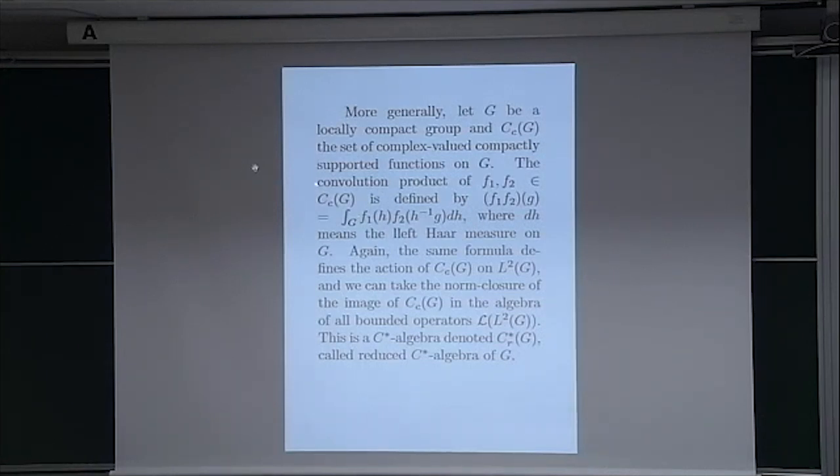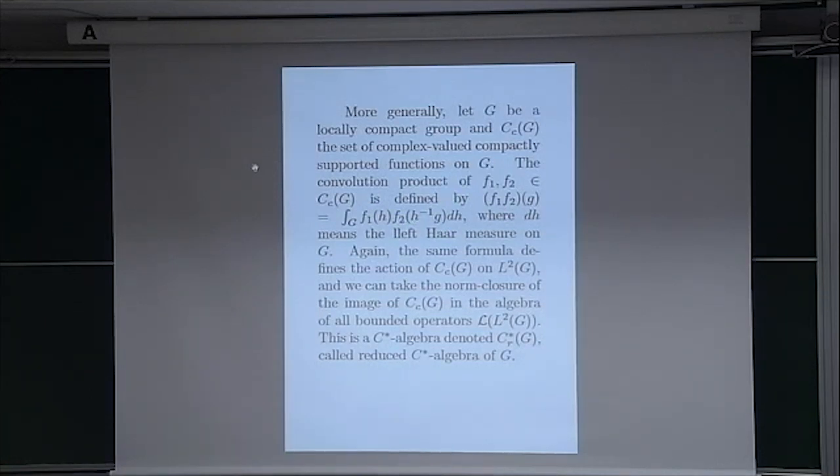So this is an element of compactly supported functions, which will be used to create the same kind of algebra using convolution product like this, and this algebra will act on L2 of G quite naturally, because elements act by shifts, and you just average over your function. The formula is exactly the same as this formula for the product.